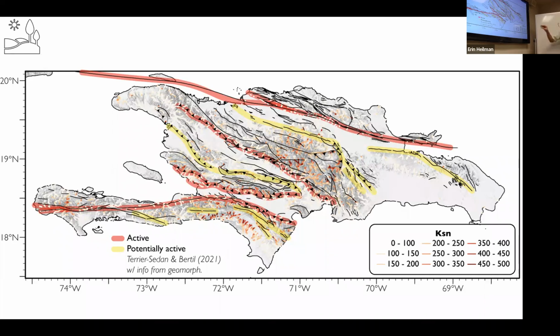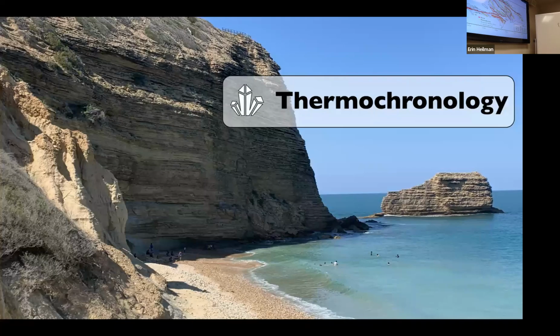So these potentially active faults, based on the elevated chi in these regions, we can likely redefine as likely active, and you do have historical seismicity there too, so that seems pretty fair. And then I've also drawn some active zones here and added other potentially active faults based on those high KSN anomalies. So this is an example of how we can use geomorphology to think about active seismicity in neotectonics.